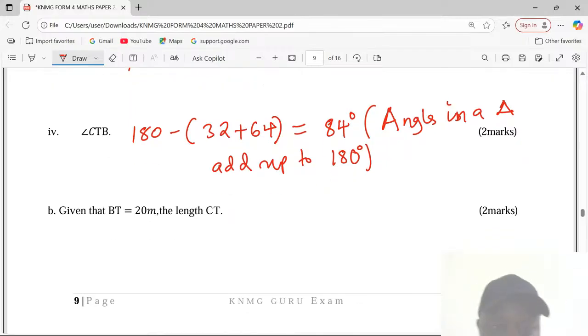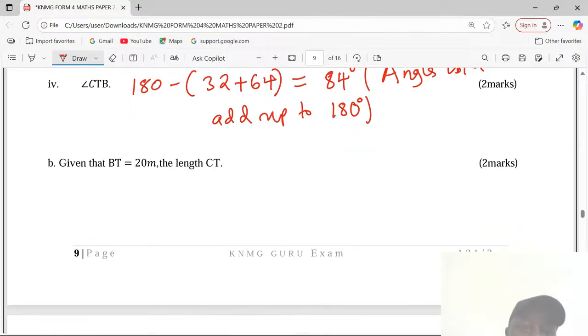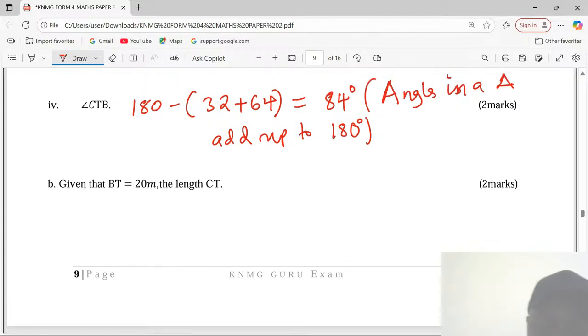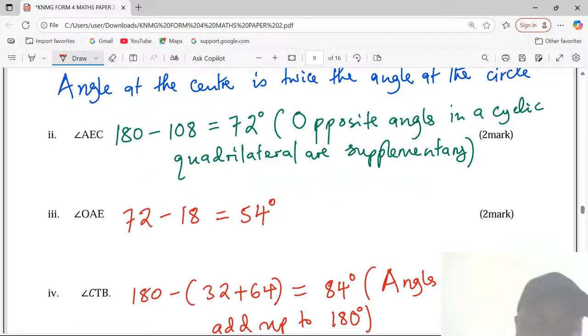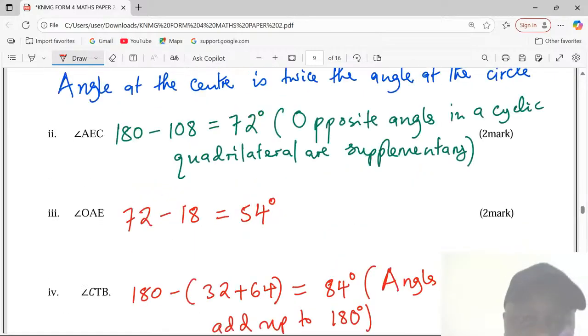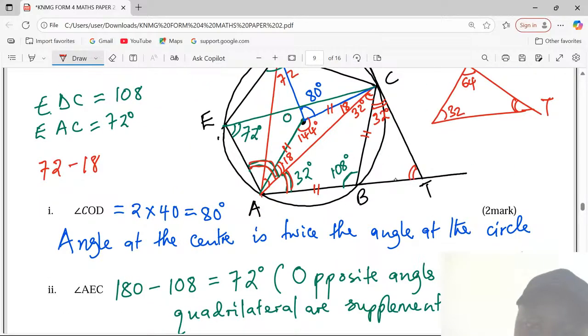Thank you. We can consider the last part of this question now. The length BT equals 20. Calculate the length CT. From B to T equals 20 centimeters.